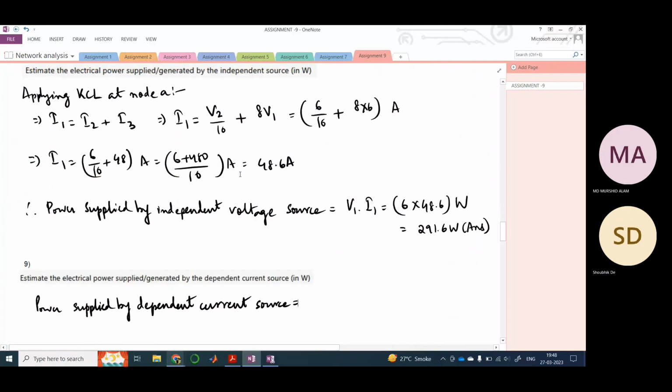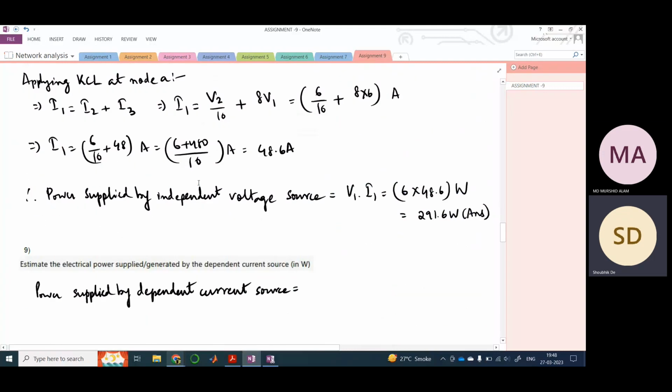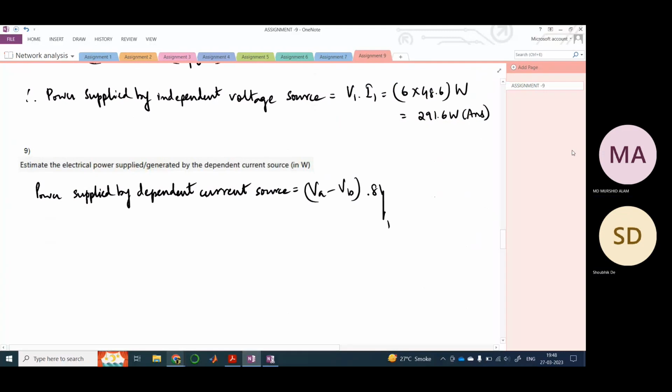See, it is nothing but the potential drop, or the voltage difference, between terminals A and B multiplied by the current of this current source. So it's nothing but (VA minus VB) into 8V1.